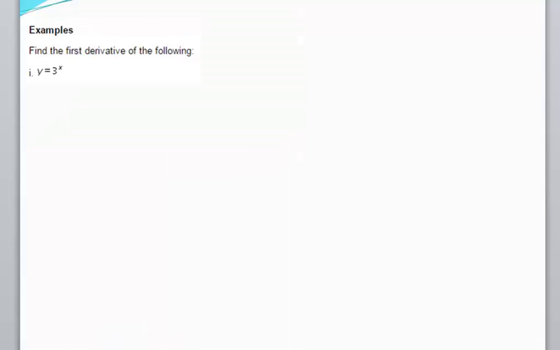Again, we're going to start by writing out our formula we're going to work with. So here d on dx of a to the u is a to the u multiplied by our natural logarithm of a du on dx. So here we look at it, our a is 3 and our u is x here, isn't it?